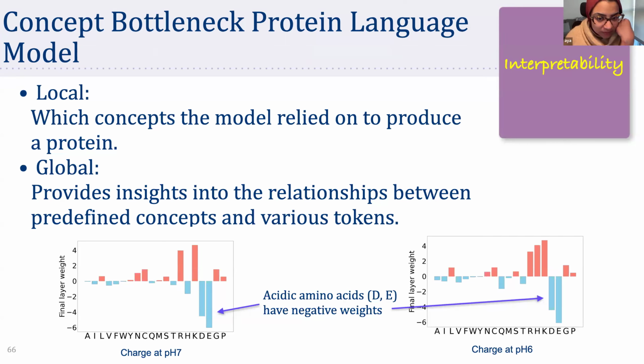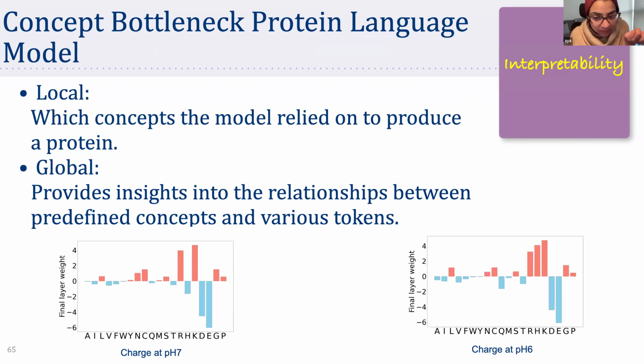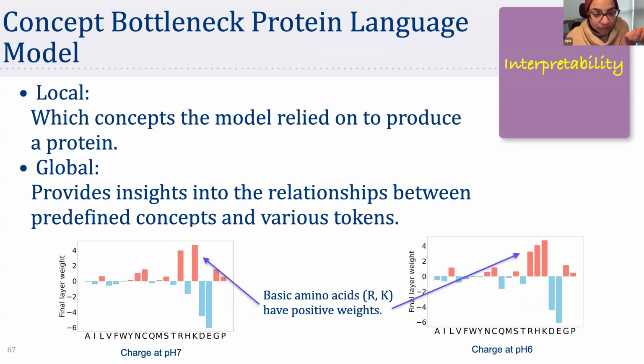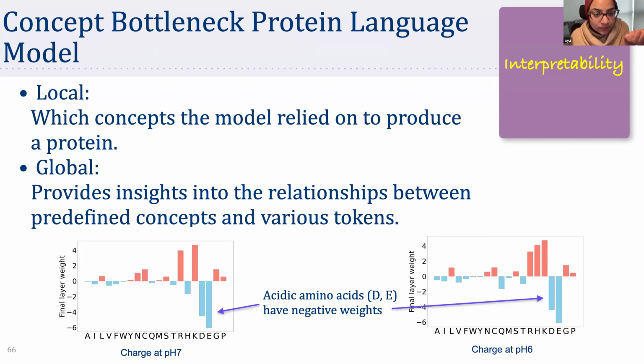I think it's D and E. Oh yes, these two have negative weights for amino acids D and E, which is exactly how both pH 6 and 7 behave, and amino acids R and K have positive weights for pH 6 and 7.